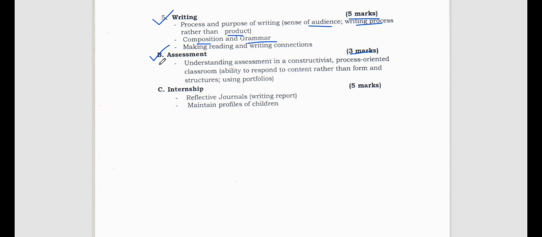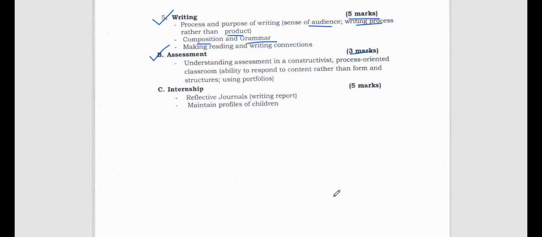Process oriented classroom, so ability to respond to content rather than form and structure using portfolios. How are we going to use the portfolio in understanding or responding to the content rather than focusing on the form and structures of the assessment? All right, as you know, there are 2 types of assessment, that is formative assessment and summative assessment, right?